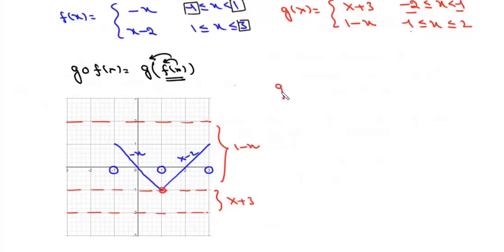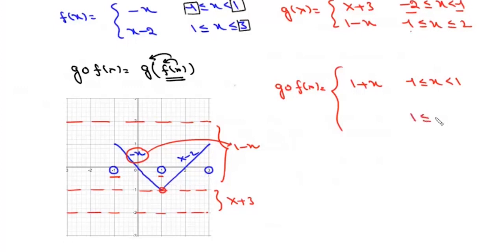So if we write g of fx, this first interval is from minus 1 to 1. So when x lies between minus 1 and 1, the definition is minus x, and it will go into this 1 minus x. So it will be 1 plus x. And then the next interval is from 1 to 3.